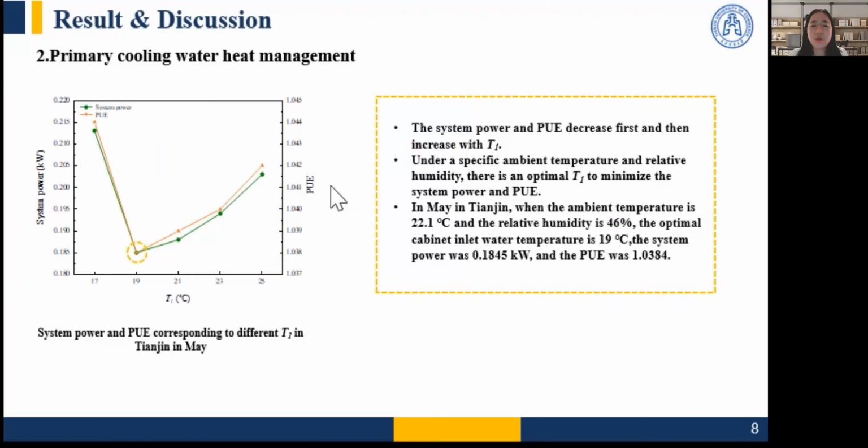In May in Tianjin, when the ambient temperature is 22.1 centigrade and the relative humidity is 46 percent, the optimal inlet temperature is 19 centigrade. The system power was 0.1845 kilowatts and the PUE was 1.0384.